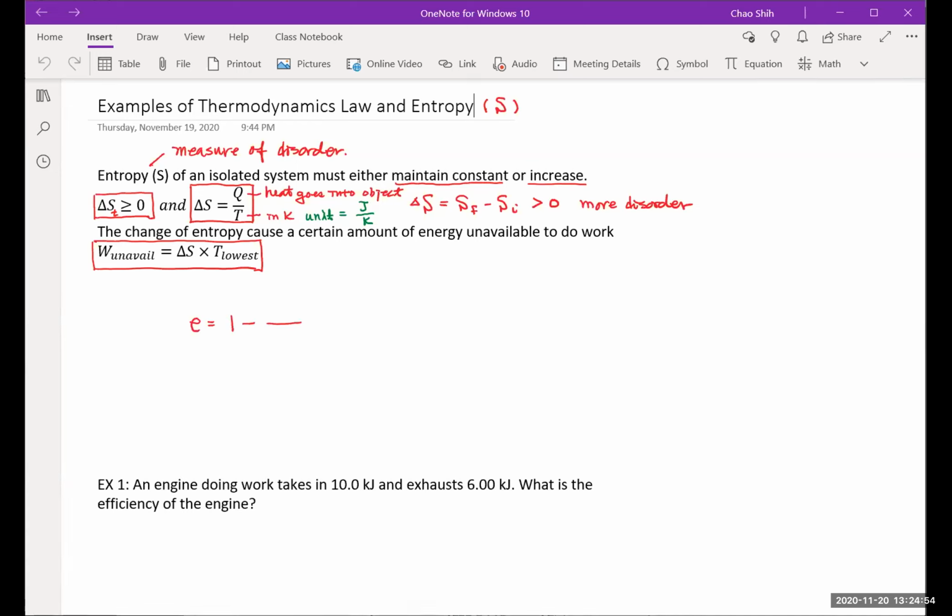This equation tells us, if you have two objects, one is going to have a high temperature and the other a low temperature. The temperature difference between these two objects is going to determine the efficiency. The E over here represents the efficiency.